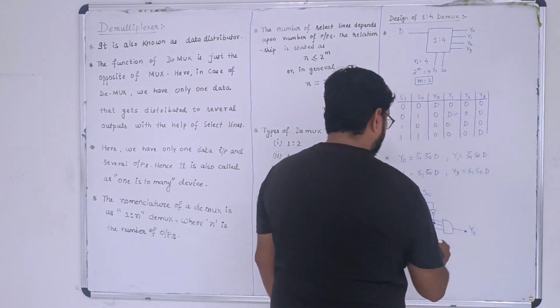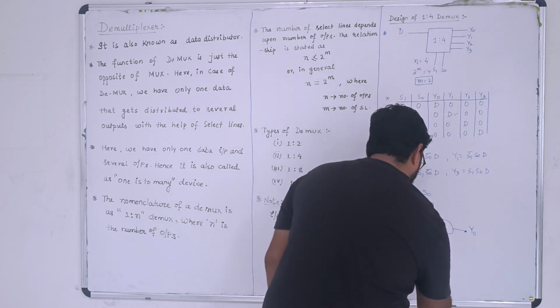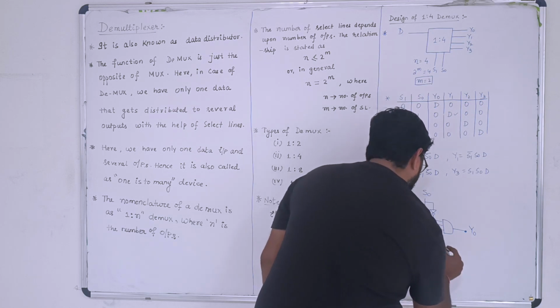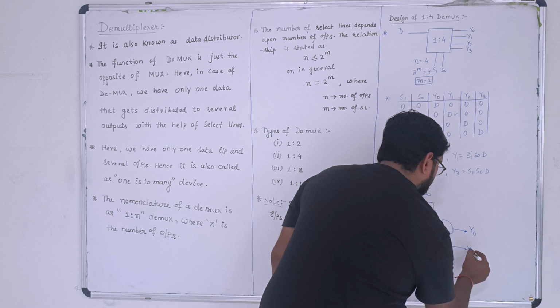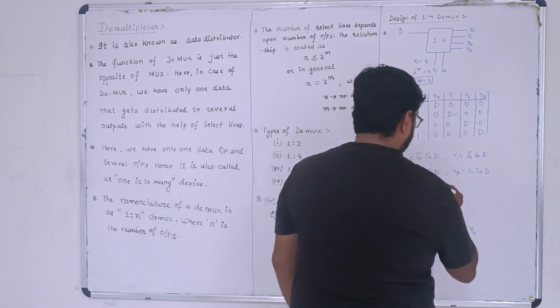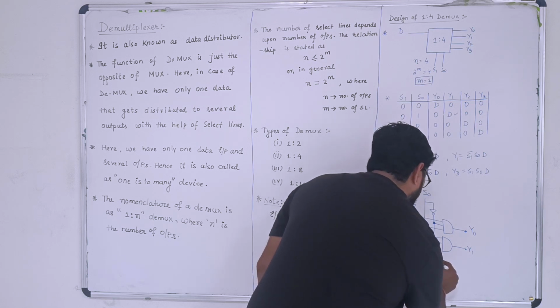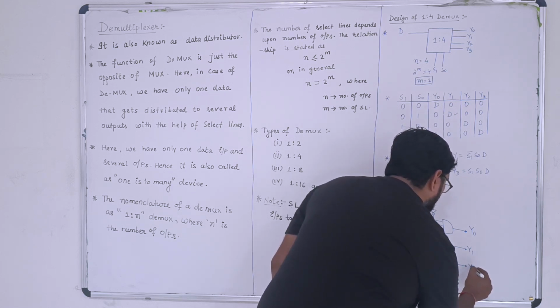Similarly, we'll go for S1 bar S0, then D. Connect it with a 3 input AND gate. This is your Y1. Next is S1 S0 bar D. So this is your third output, Y2.